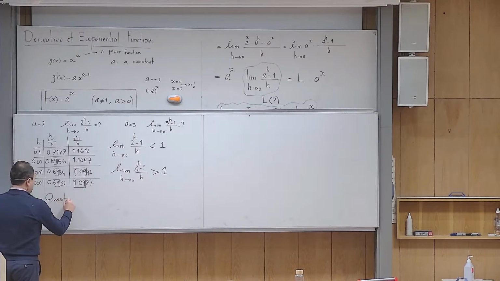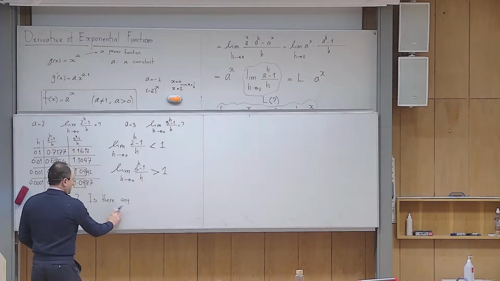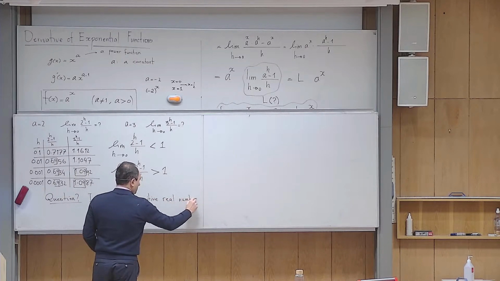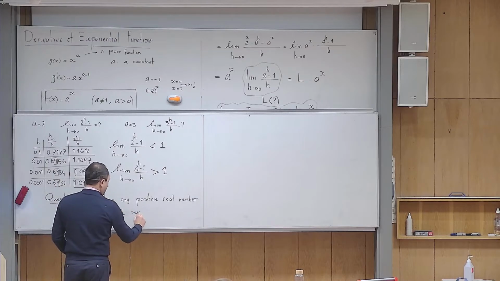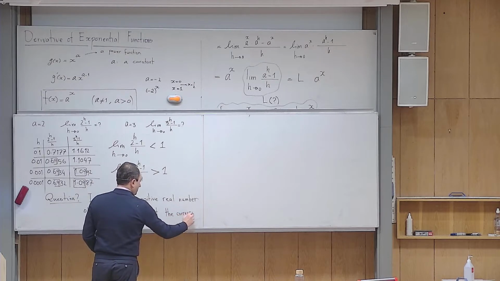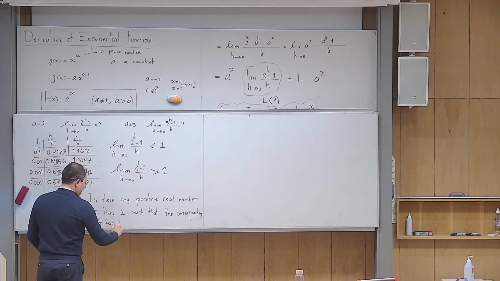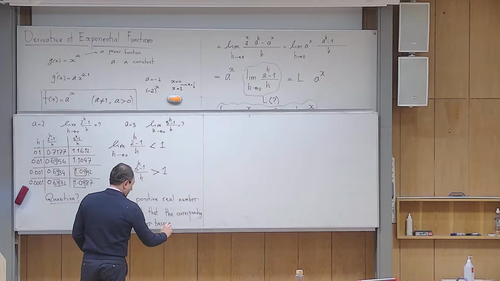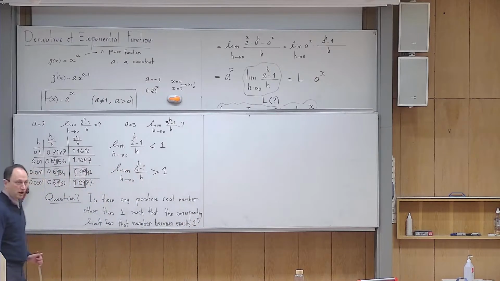Question: is there any positive real number other than 1 such that the corresponding limit for that number becomes exactly 1? This is the question that comes to mind.